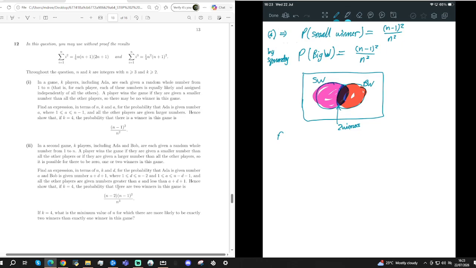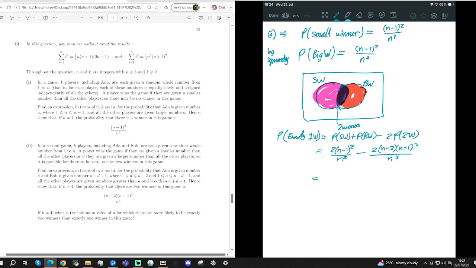So probability of exactly one winner is going to be the probability of a small winner plus probability of a big winner minus two lots of the probability of two winners. So that's going to be, well, both of these are the same, so I can just say two lots of it. So this is two lots of n-1 squared over n squared minus two lots of n-2 n-1 squared over n cubed.